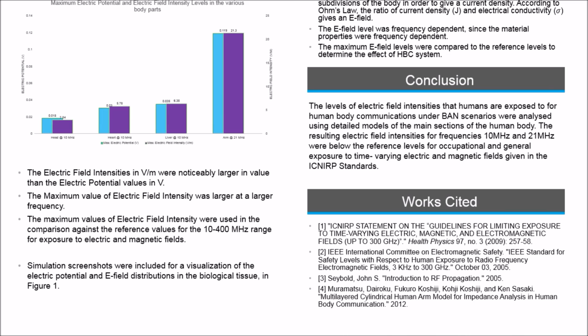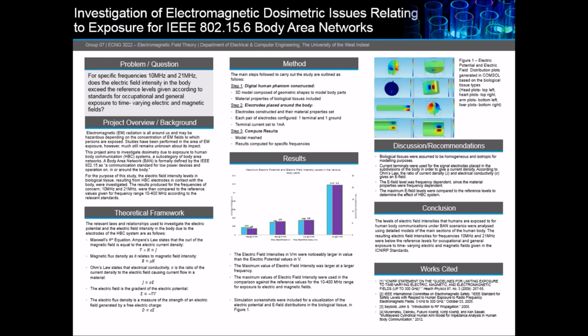In conclusion, the levels of E-field exposure due to the human body communication system were found to be below the given reference values for occupational and general exposure to time-varying electric and magnetic fields given in the IEEE standards. I hope you enjoyed our presentation, and thank you for your undivided attention.